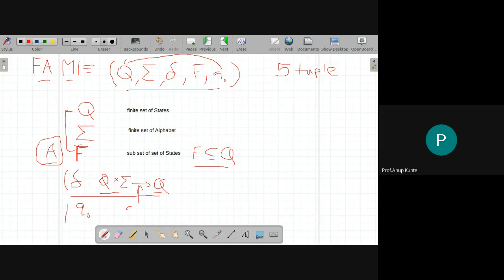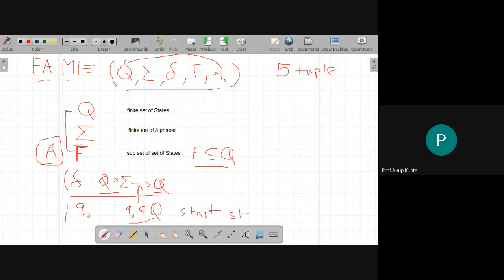Now, this Q0 is a special element from the set Q. Now, here this notation is not sigma, it is the member-of relationship of a set. Q0 is a member of capital Q. That means it's a specific state from capital Q, which is referred to as the start state.